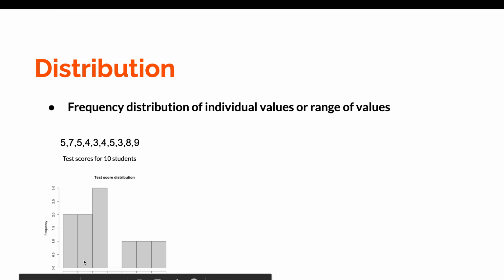There are 2 times 3, 2 times 4, 3 times 5, there is no 6, and 1 time each for 7, 8 and 9. So this plot is showing the frequency of each individual value. We simply counted the frequency for each value, and this frequency distribution of individual values is the distribution.